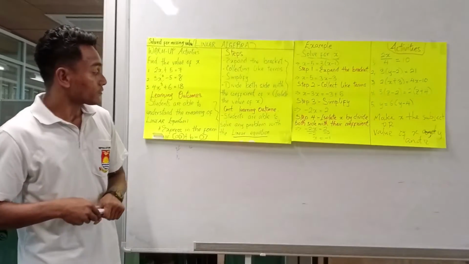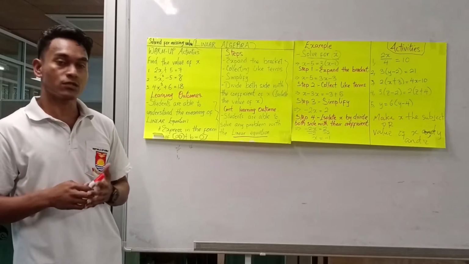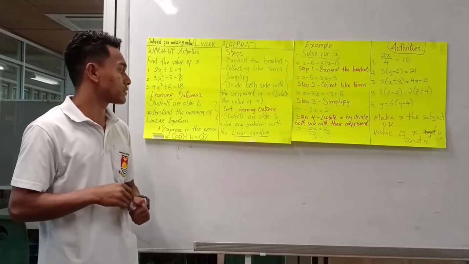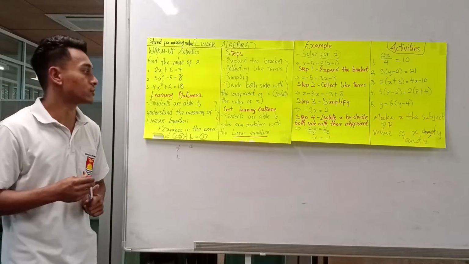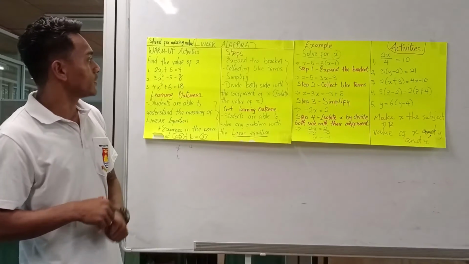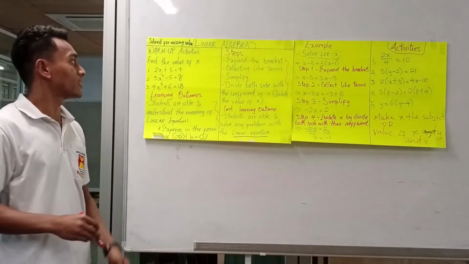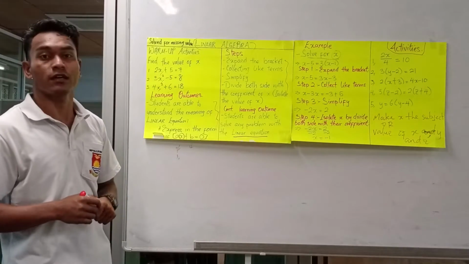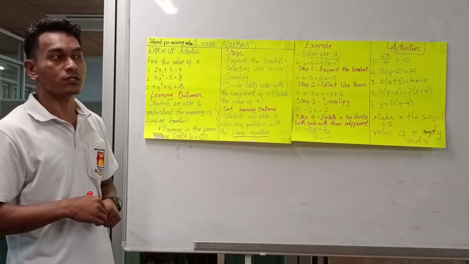Outcome 2: at the end of this lesson, students are also able to solve problems about linear equations. There are steps for this topic to solve for the missing value.